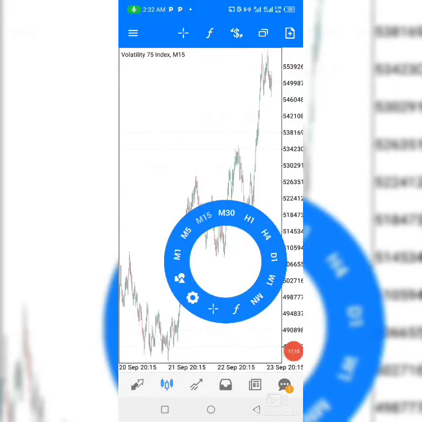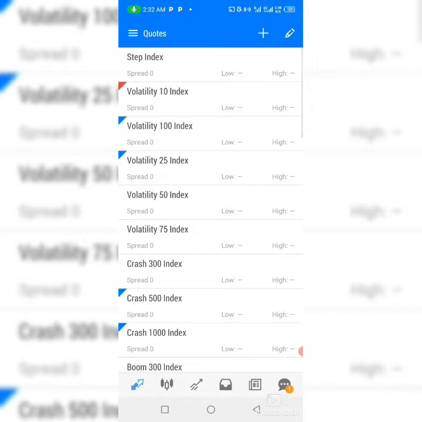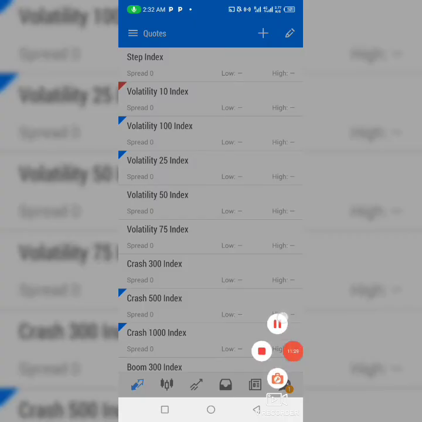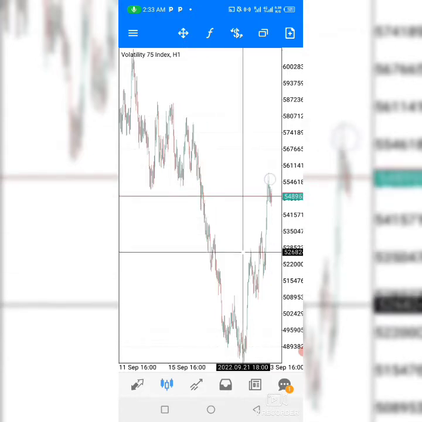Okay, see, this is Volatility 75 index. We are on the H4 time frame. I'm going to use the H4 time frame. Let's wait for this to come. Now, you see this market. It is making higher highs if you check carefully in the H4.